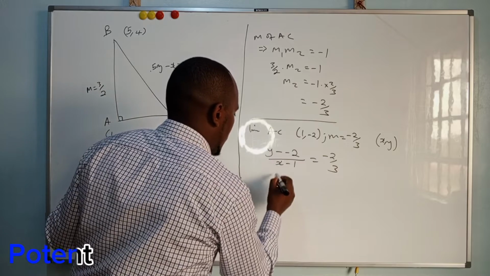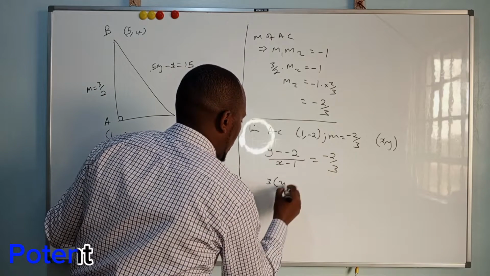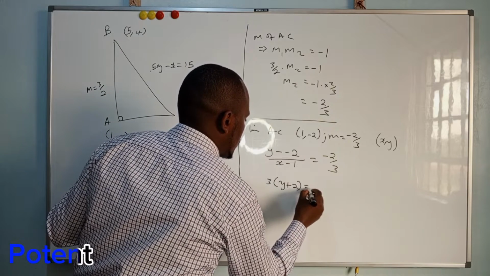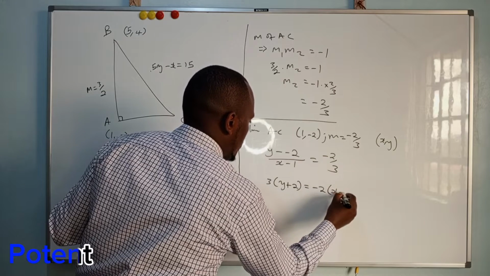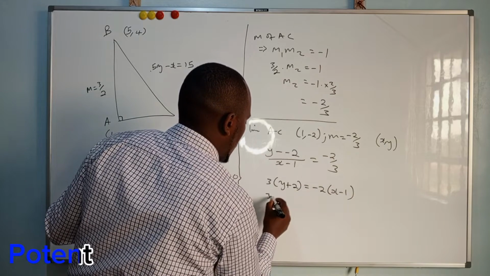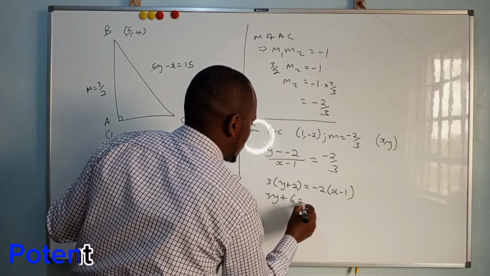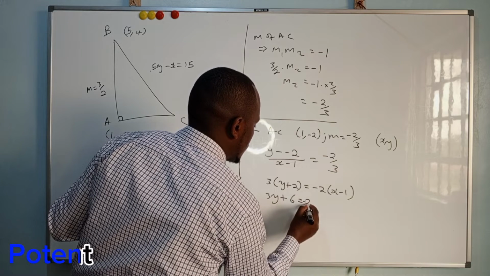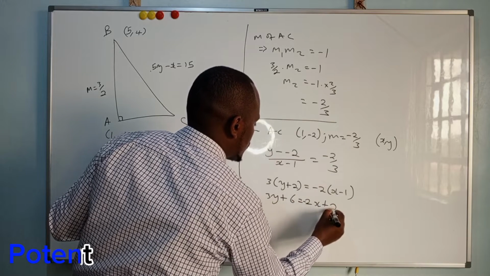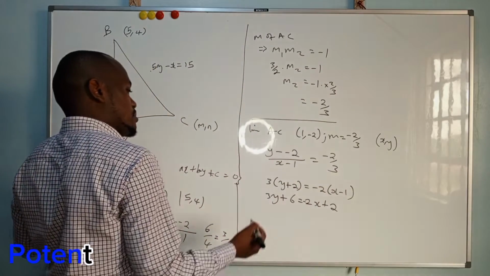So you cross multiply: 3 times (y plus 2) is equal to negative 2 times (x minus 1). This is 3y plus 6 equals negative 2x plus 2, where negative 2 times negative 1 is positive 2.